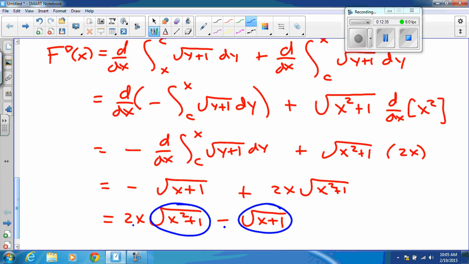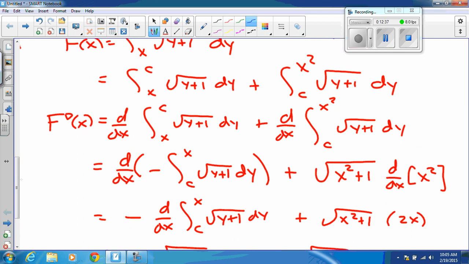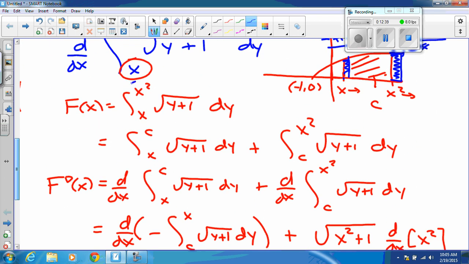So what is the upshot of all this? The upshot of all this is this. If I have a variable expression as an upper limit of integration, then when I take the derivative of my area function, I will get a positive rate of change with respect to that upper limit of integration. I don't mean it's positive in number, but I'll treat it as positive, express it as a positive value.